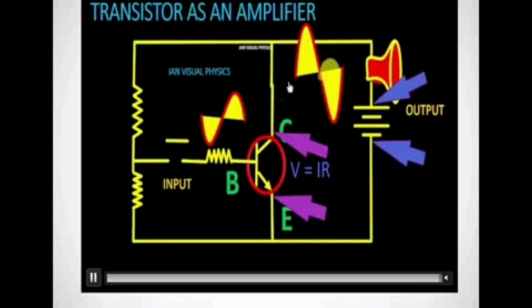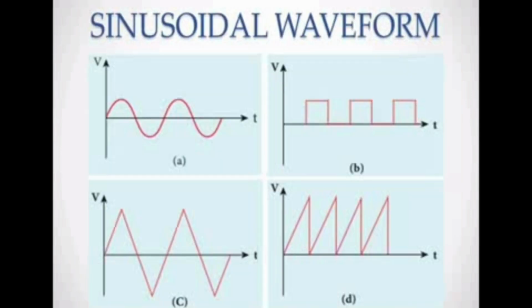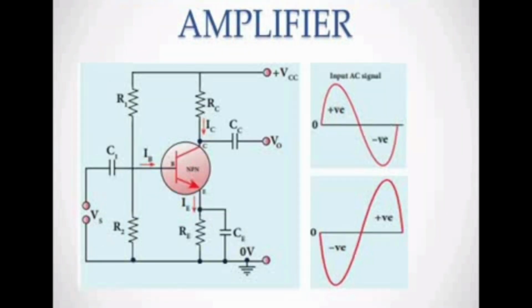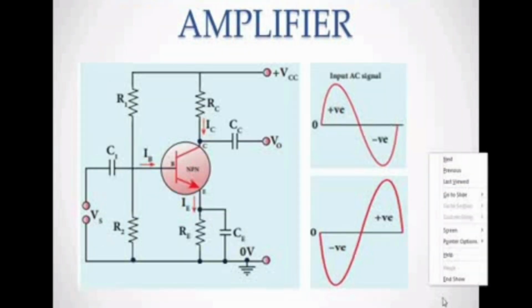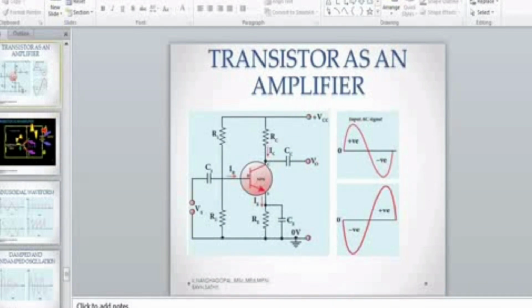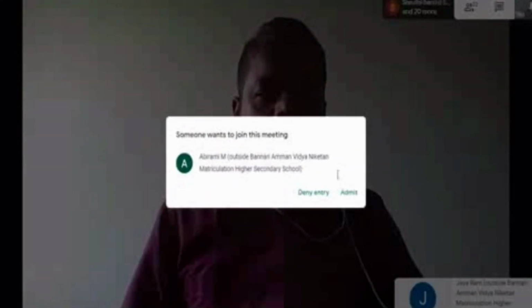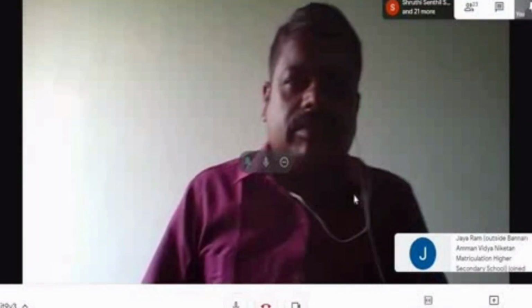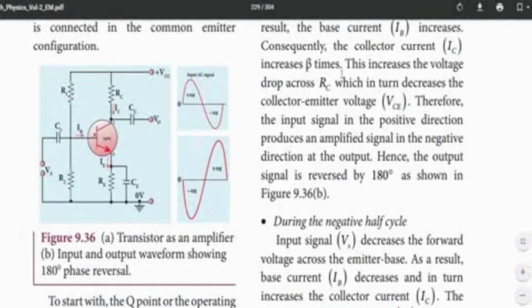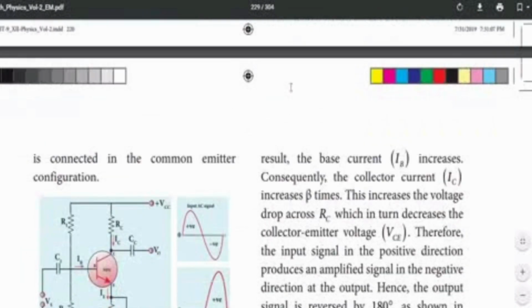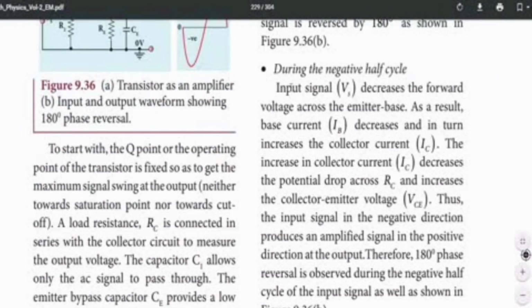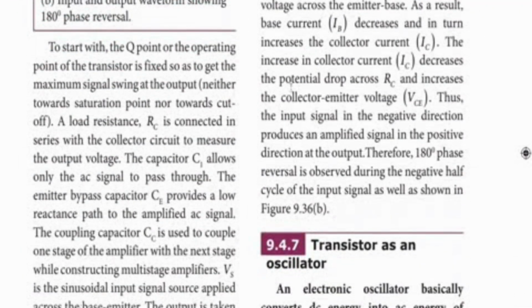So it is 180 degrees out of phase. So it's the amplifier, during the positive half of the cycle and the negative half of the cycle.